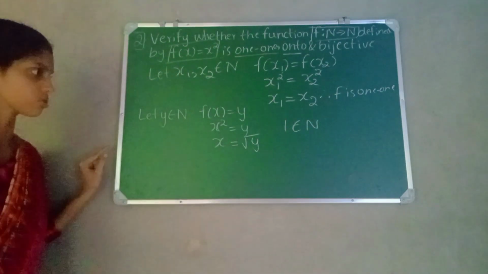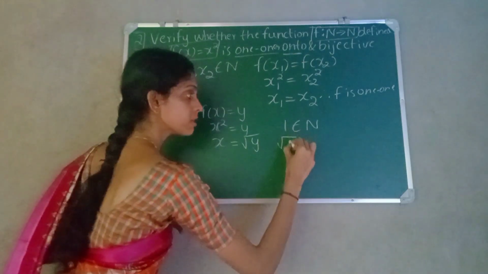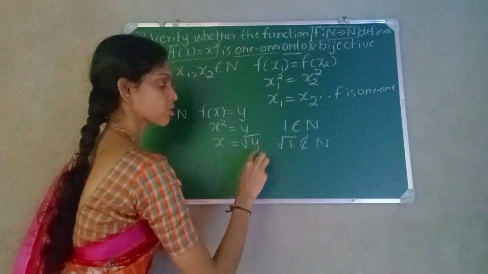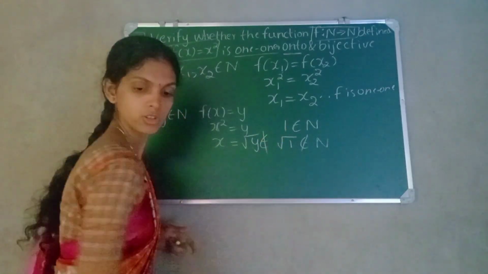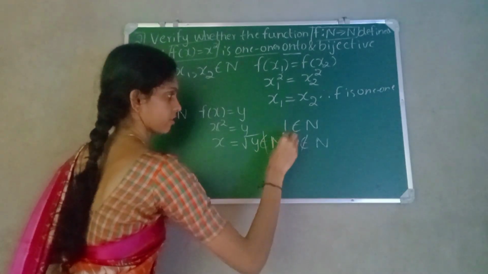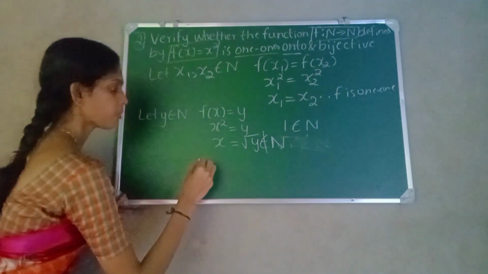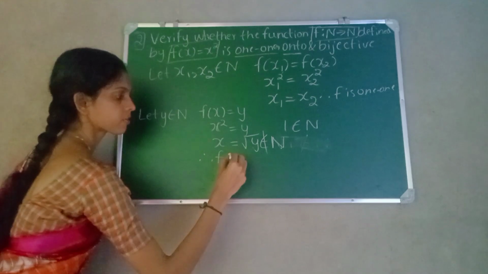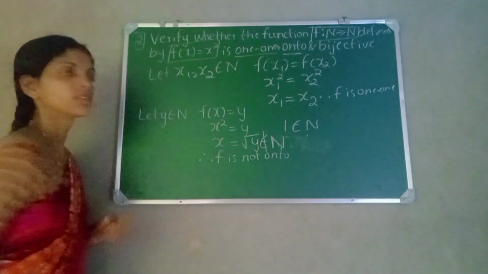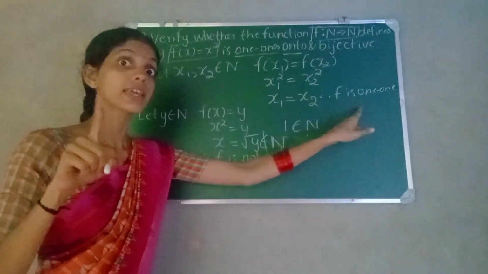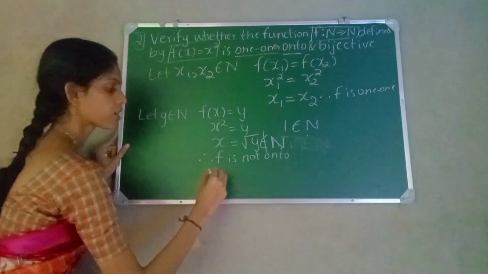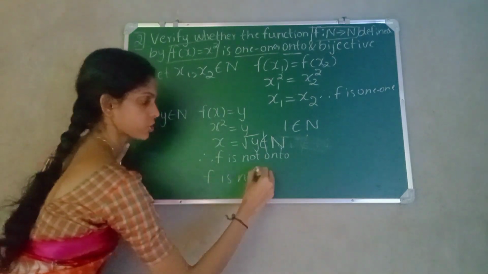Whether root 1 belongs to N? Never, no? Same way, root y does not belong to N. Therefore f is not onto. Here f is 1-1 but not onto. Therefore f is not a bijective function.